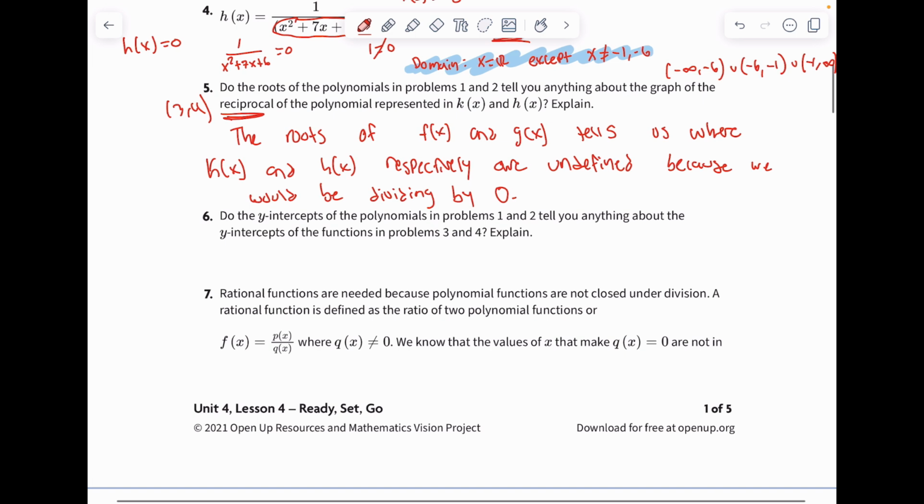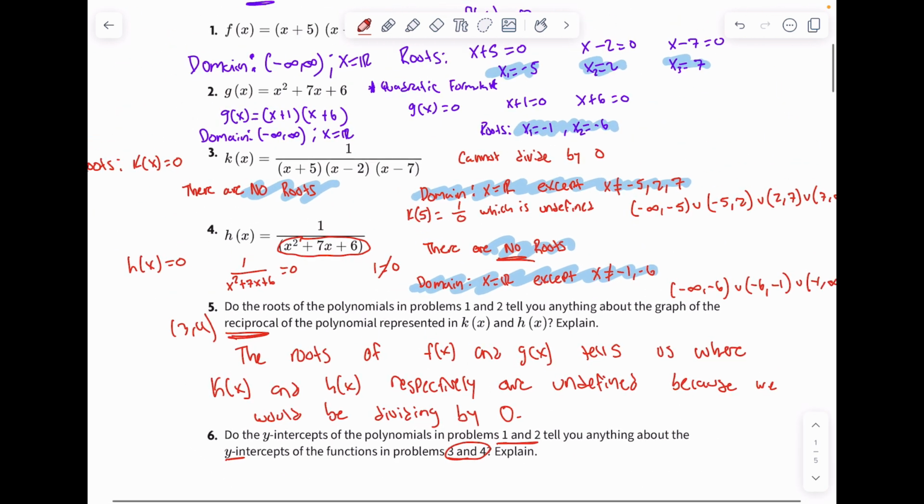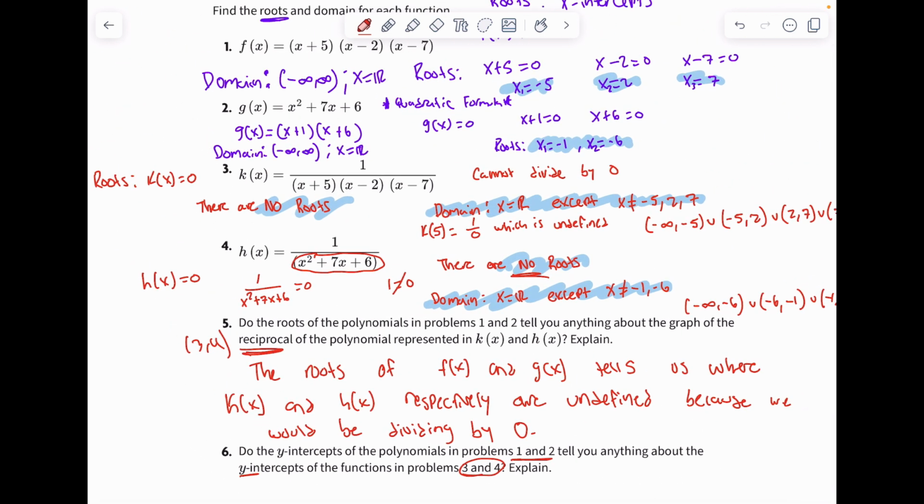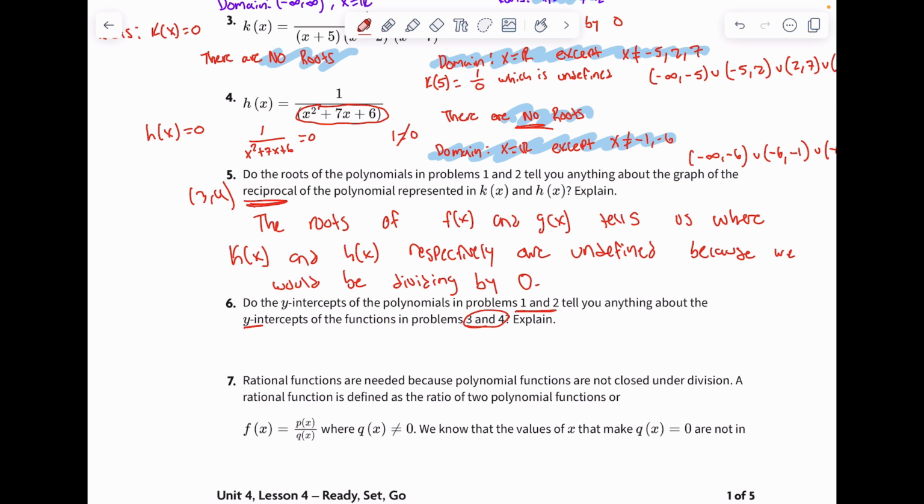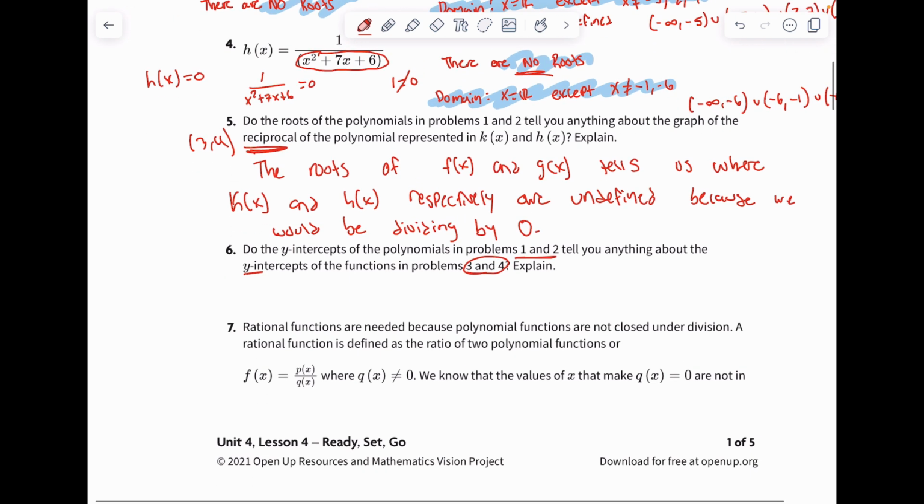Do the y-intercepts of the polynomials in problems 1 and 2 tell you anything about the y-intercepts of the functions in problems 3 and 4? So where were the y-intercepts? My y-intercept was when x is equal to 0, right?